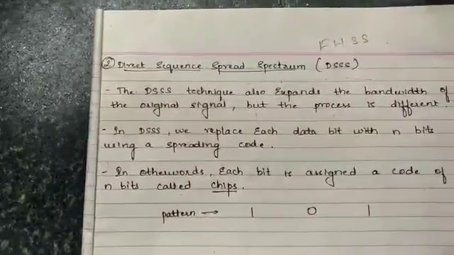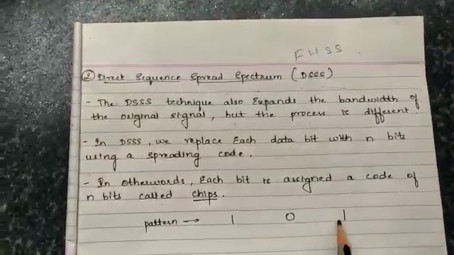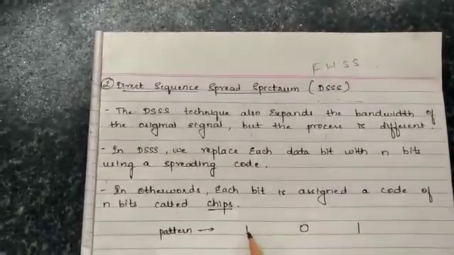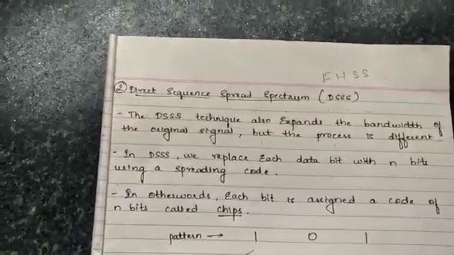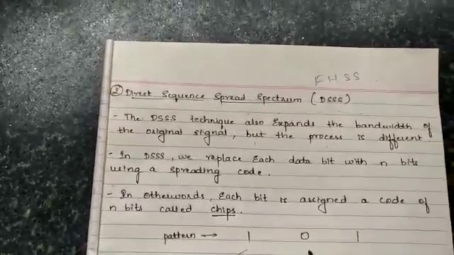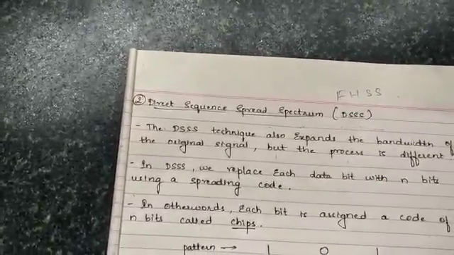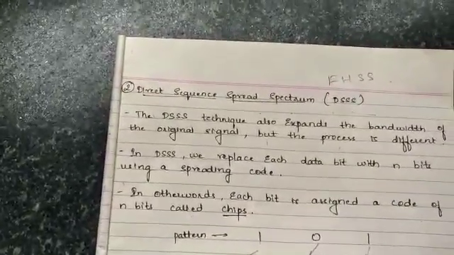So in DSSS, whenever we get a bit pattern, say 101, we replace each data bit with n bits. If the pattern is 101, 1 is replaced with n bits, 0 is also replaced with n bits, and the last 1 is again replaced with n bits.